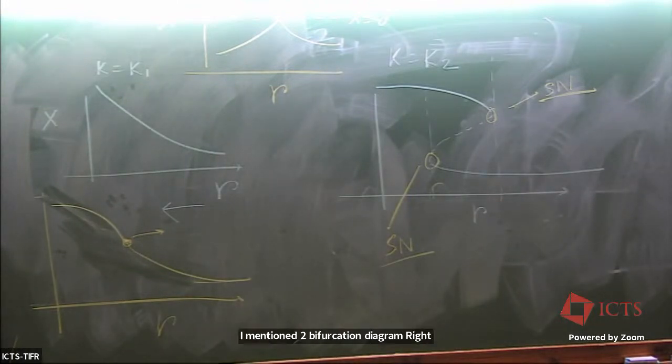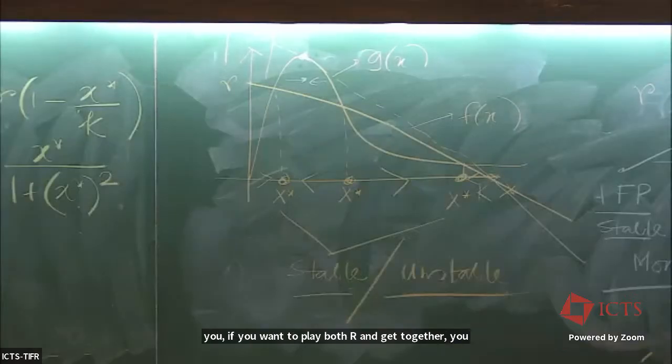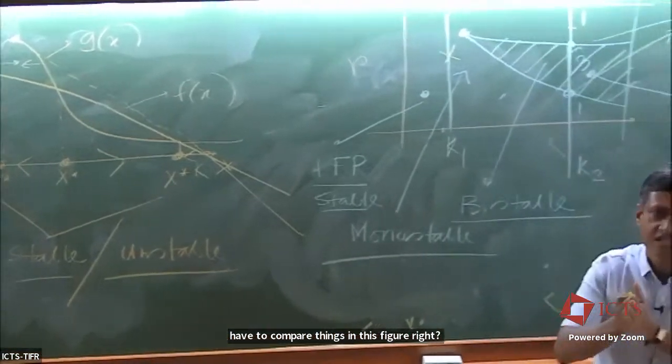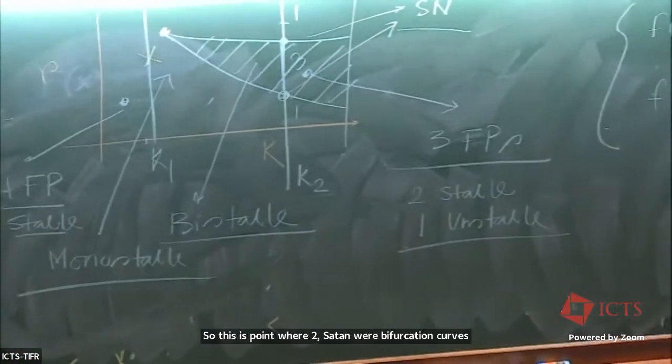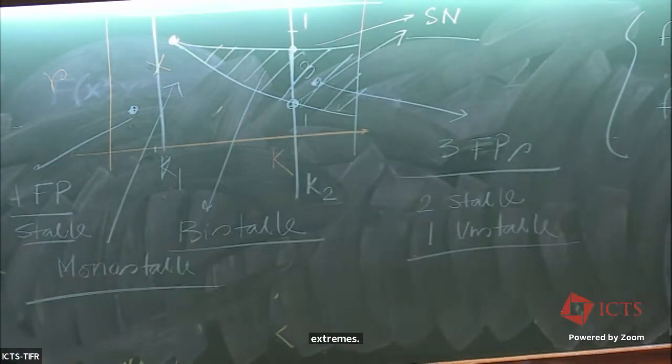So if you want to play with both R and K together, you have to compare things in this figure. This is a point where 2 saddle node bifurcation curves merge and disappear, when the straight line touches both the extremals.